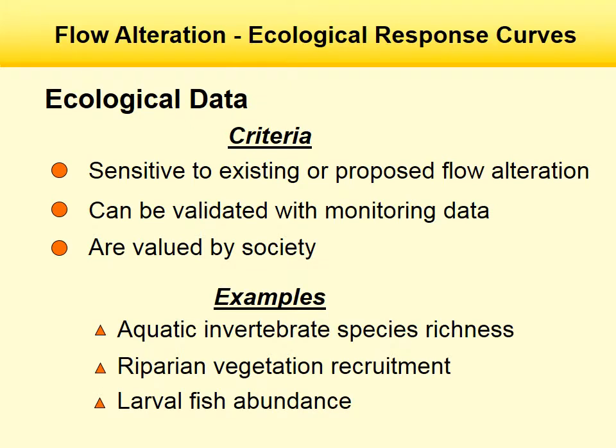For example, aquatic invertebrate richness might be very sensitive to flow alteration in the particular basin we're considering. Larval fish abundance might be particularly relevant from a social perspective because fisheries is a key ecosystem service provided by rivers of a certain type. So we're looking for metrics for the individual river types that can be meeting one or more of these criteria.